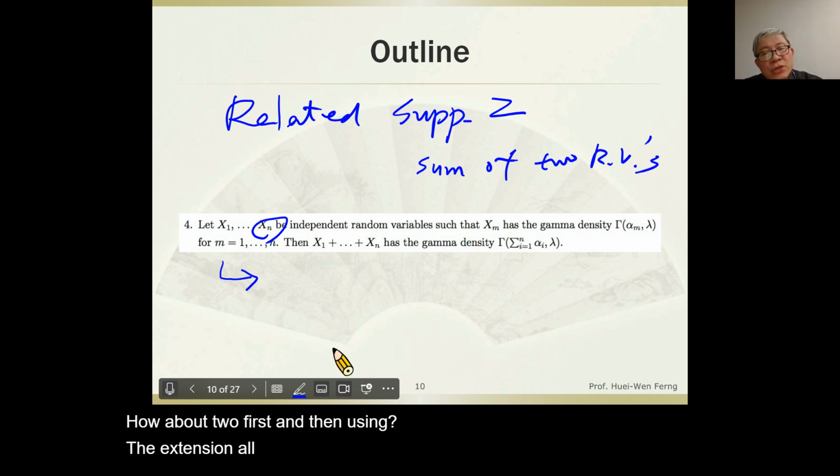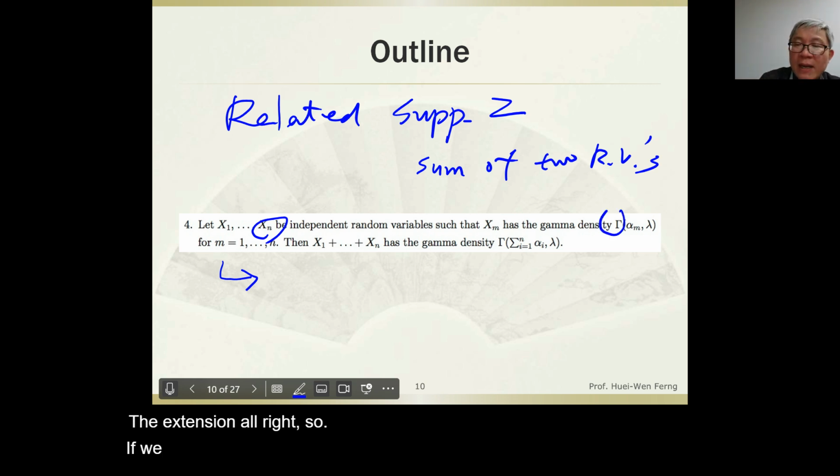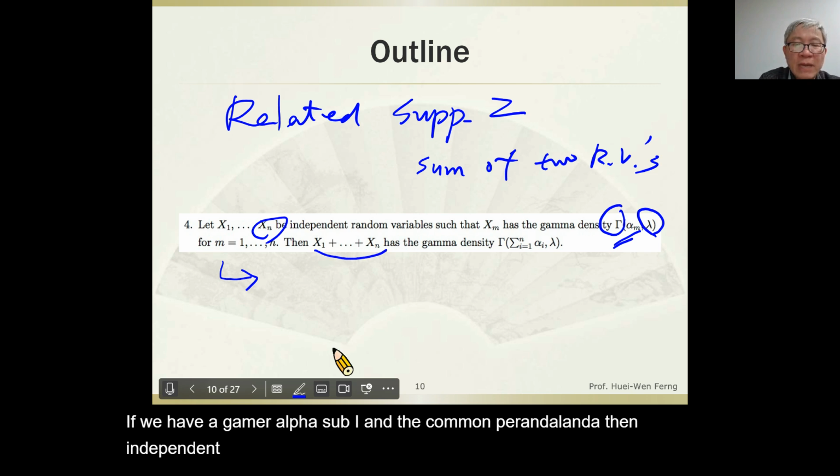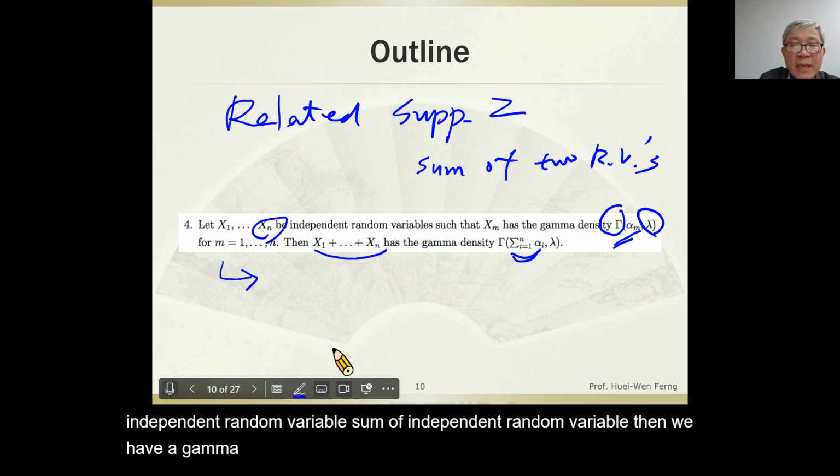Alright, so if we have gamma with alpha sub i and common parameter lambda, then for independent random variables, the sum follows a gamma again, with the sum of the alpha parameters and the common parameter lambda.